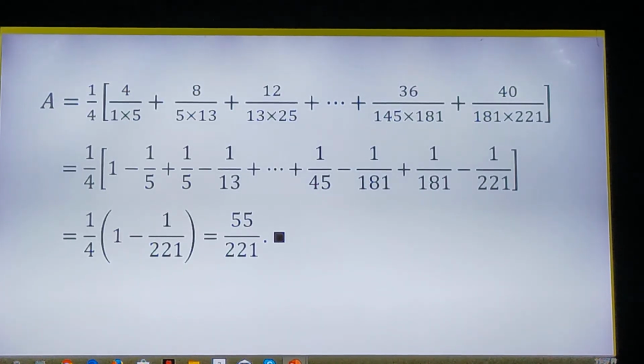So in the first one, it's 4, and then 8 in the second, 12 in the third, and so on. So we make the necessary adjustments. We put a 1/4 outside of the brackets and put numerators 4, 8, 12 up to 40.